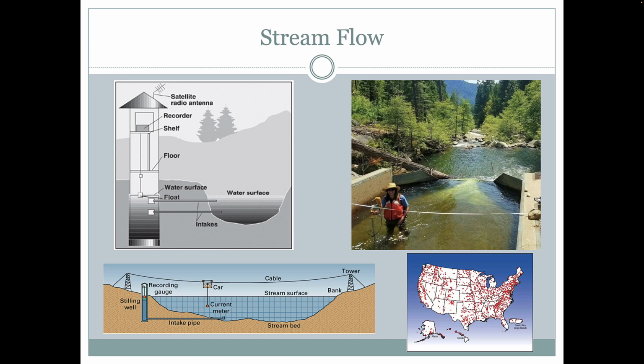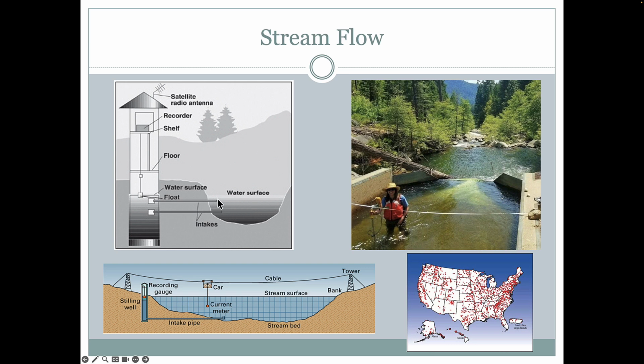And of course, we could just estimate the cross-sectional area, or we can make very detailed measurements of the cross-sectional area, or make sure all of the water goes through one particular area here. And we do this in part by these things called stream gauges, G-A-G-E-S.